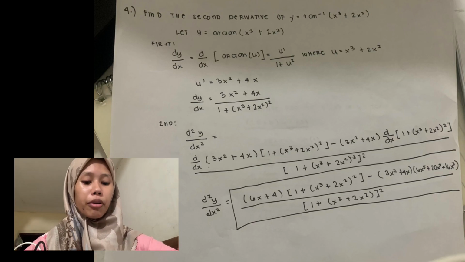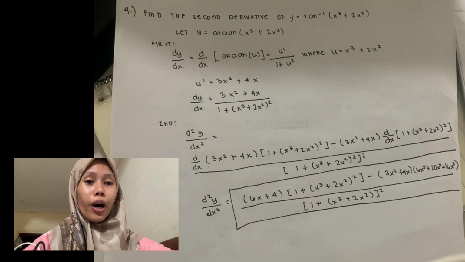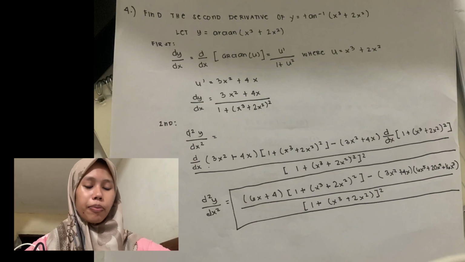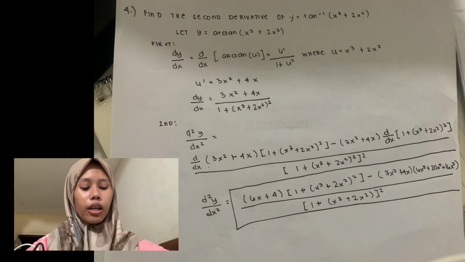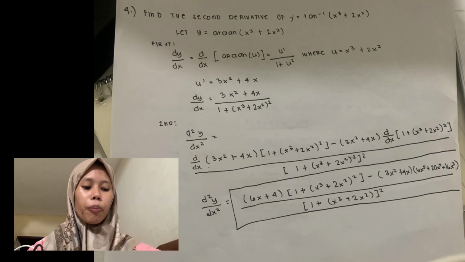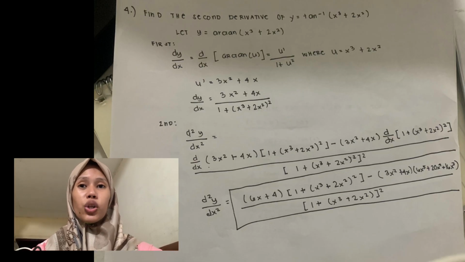Okay, for the next number, the problem is find the second derivative of y equal to the inverse tangent function of x cubed plus 2x squared. So let y equal arctan of (x cubed plus 2x squared). To find the first derivative, we can use the chain rule.